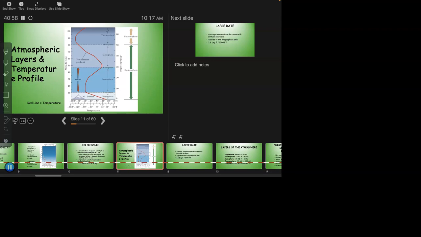Well, that levels out when you leave the troposphere and enter the stratosphere. And then at some point in the stratosphere, it actually starts to increase. Then we hit the mesosphere, and it goes back down again, even colder than before. And then we enter the thermosphere, and it ends on an upwards trend.